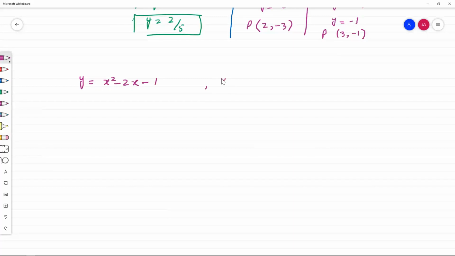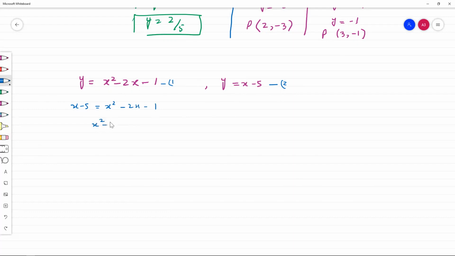The other equation is y is equal to x minus 5. Again, by the substitution method, just find the value of y from the linear equation. This is equation number 2, this is number 1. Put in 1: x minus 5 is equal to x square minus 2x minus 1.